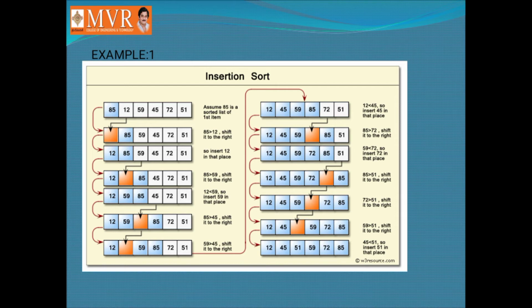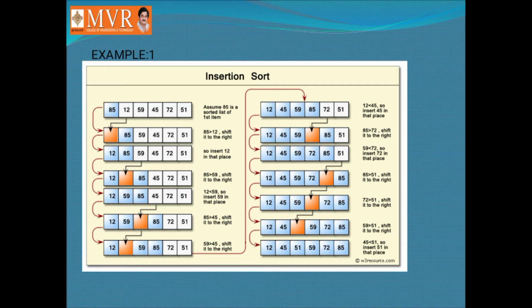As I have told you, the insertion sort procedure starts by placing the first element in its position and saying that it is sorted. That is, here 85 is the first element and I assume that it is in order and start the process. In the second step, I compare 85 with 12, because 85 is at the 0th location and 12 is at the first location.